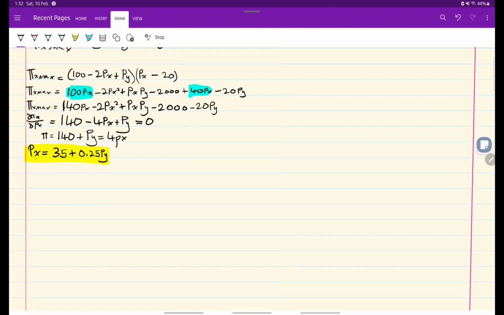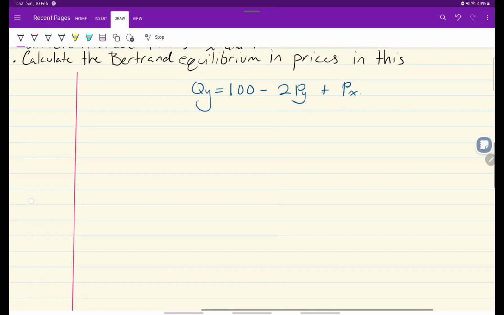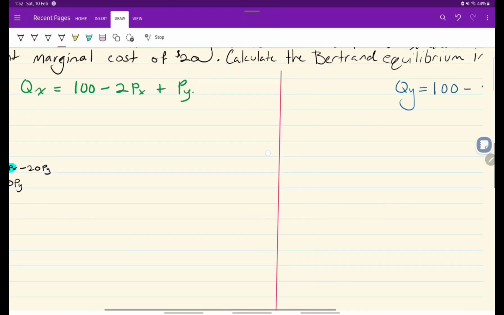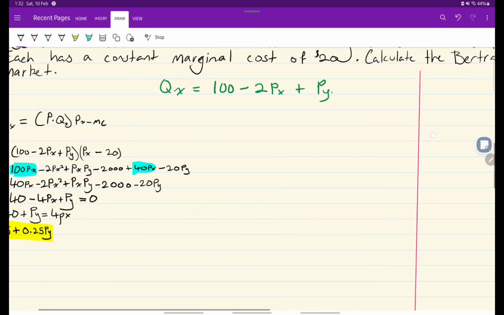Now, in order to solve this for the best possible price, we will have to solve for Py, for Qy, firm Y, all the same thing. I did that in blue. I probably should have kept that in green, but whatever. Let's keep it consistent.